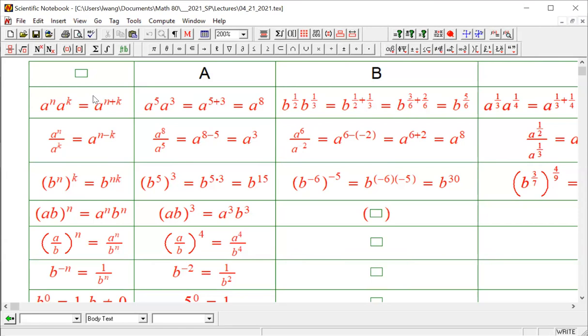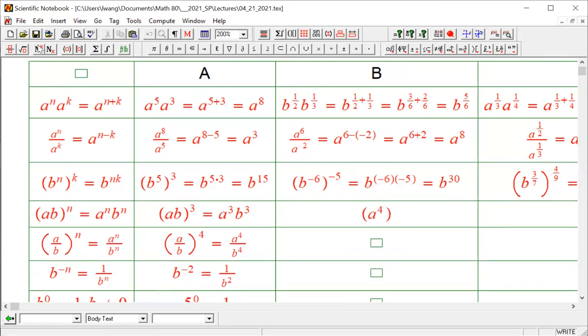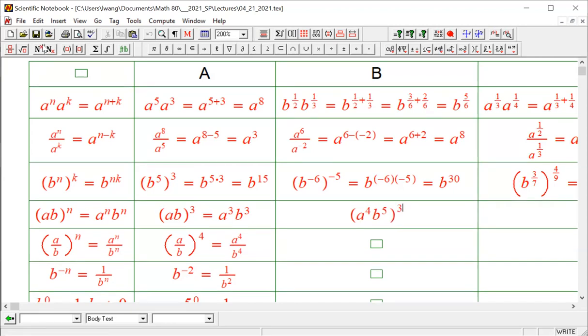So you have a to the power 4, b to the power 5, and then to the power of 3. What do we do with that? Okay, I'm going to set this aside.